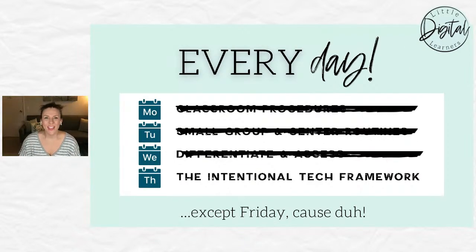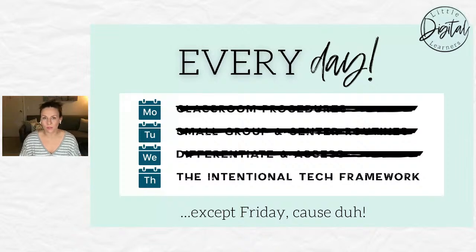All right, so we are at the end of today's session. Tomorrow, we're going to dive into the intentional tech framework. I've been going over all of these different aspects of what intentional tech is, but tomorrow we're going to talk a little bit more about how do you get there?